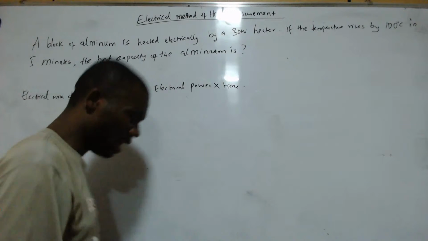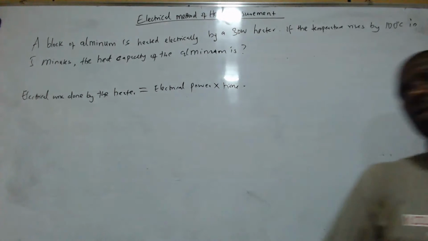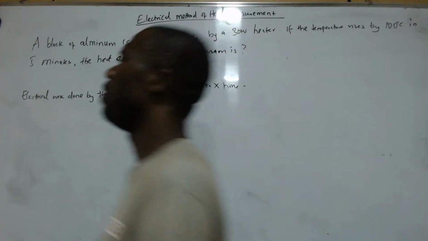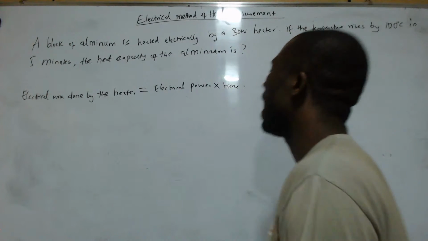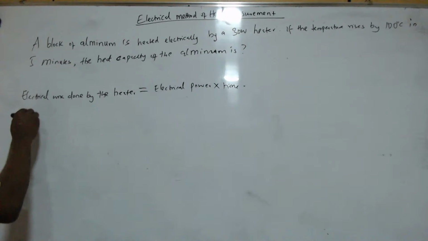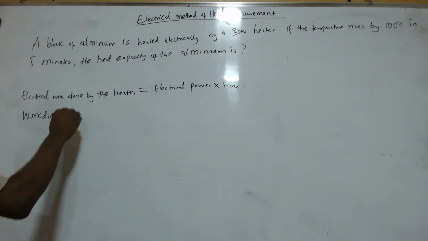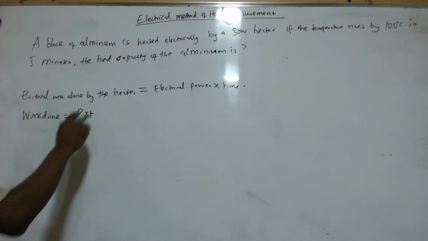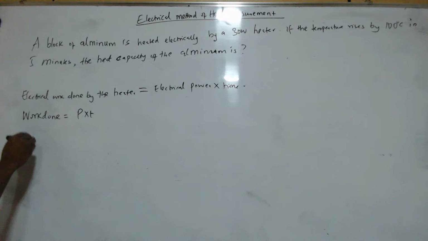Now, what is electrical power? Power is the rate of doing work. So we have that electrical work or work done is equal to power times time.